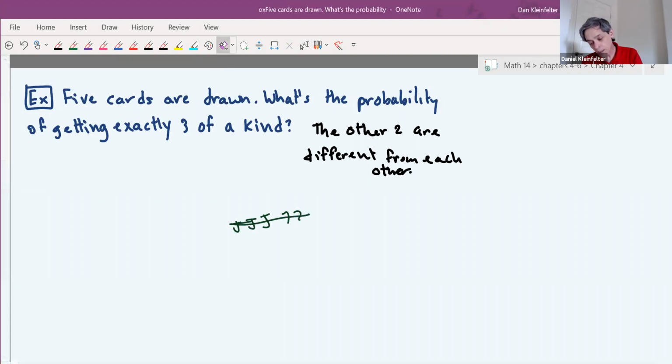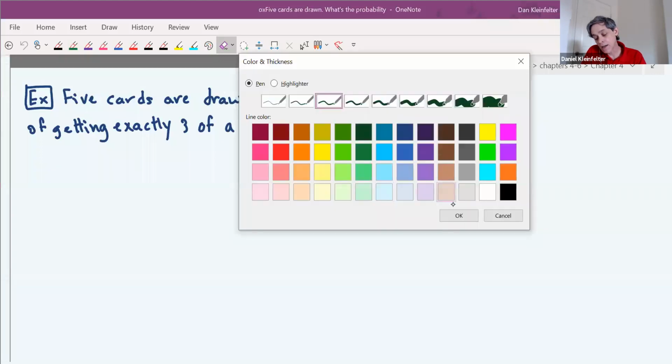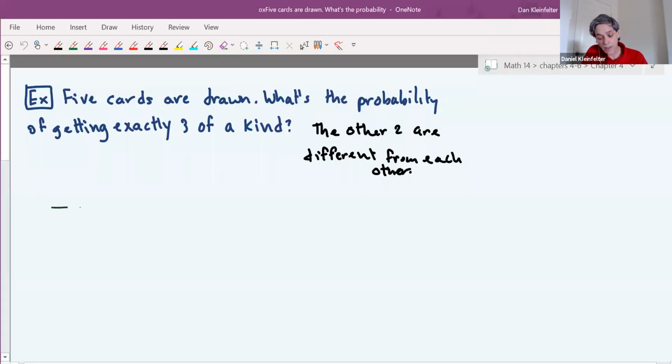So that's the setup. Notice that we're asked for the probability here, not the number of ways this can occur, so we need to make sure to answer this correctly as a probability question. I think it's going to be easiest if we fill out the bottom first. That's the total number of ways our experiment can occur.